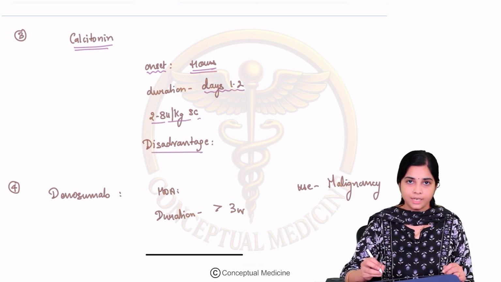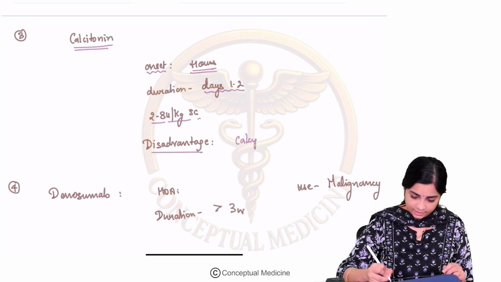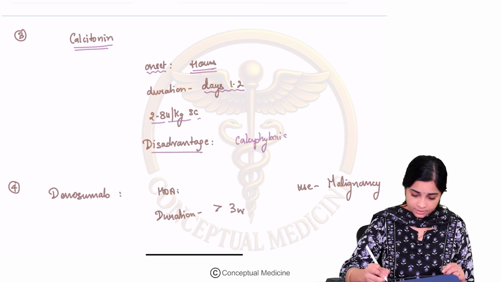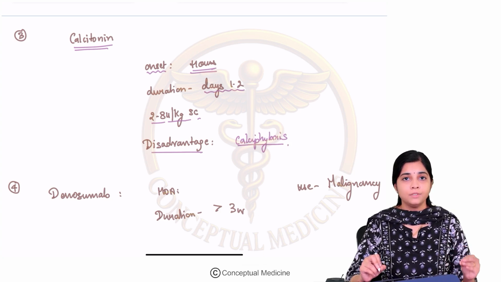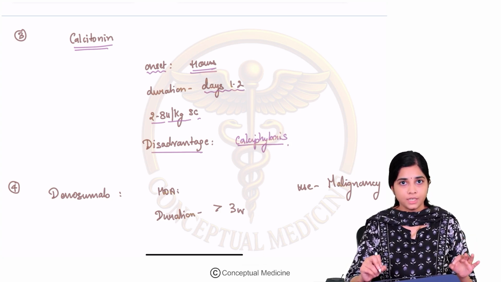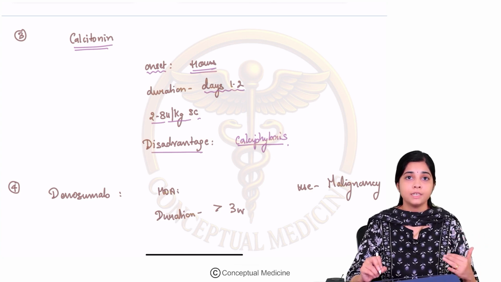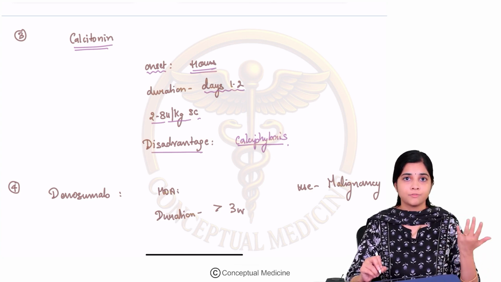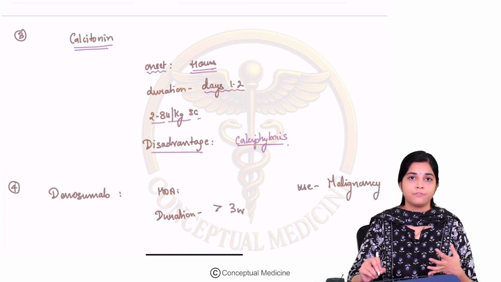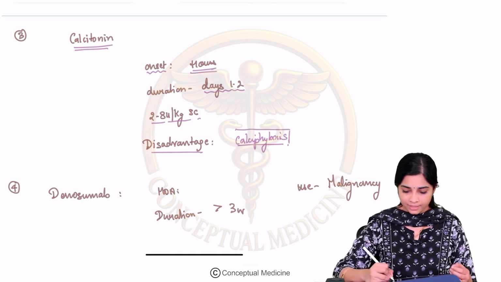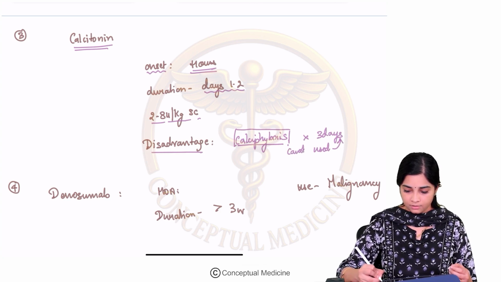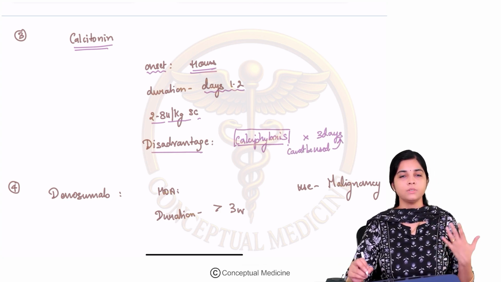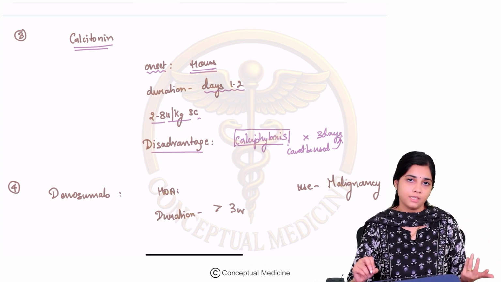The disadvantage of calcitonin is that it undergoes tachyphylaxis. This is a phenomenon where within 2 to 3 days of giving a particular drug, its action wears off, even with higher doses. So it cannot be used for more than 3 days, because beyond 3 days the effect of the drug wears off.